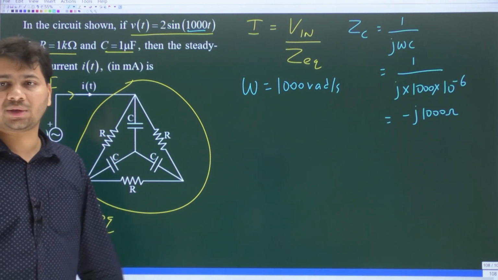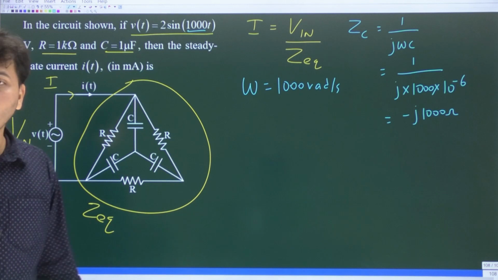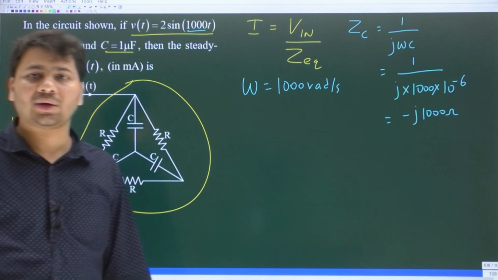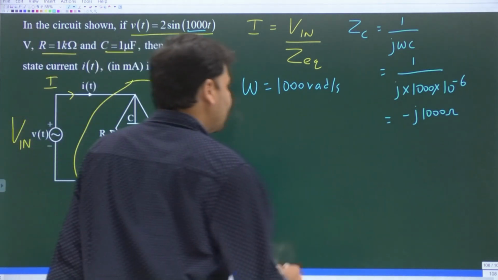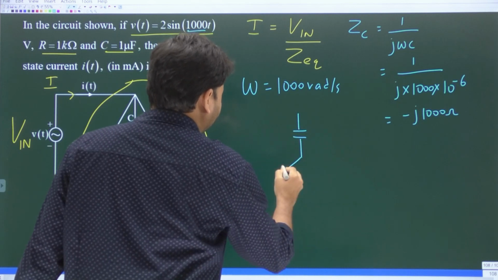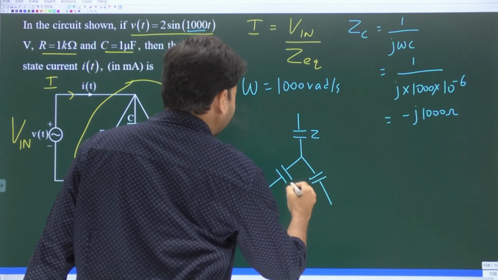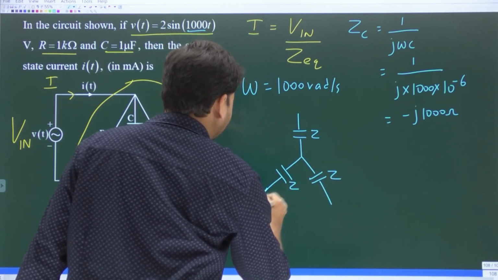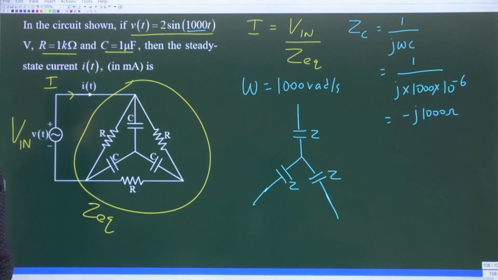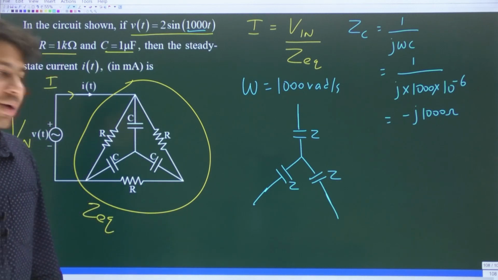So there are 3 capacitors. If you look at the 3 capacitors, are they not connected in the shape of a star? Yes or no? The 3 capacitors are connected in a star network. So it is like this. This is Z, this is Z, this is also Z. Any star connection of 3 impedances can be transformed into an equivalent delta network of another 3 impedances.